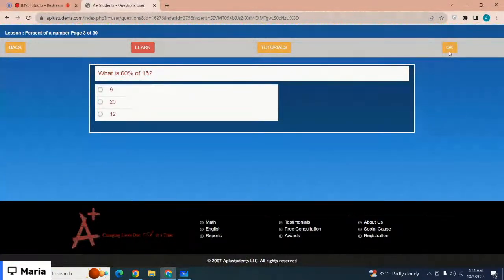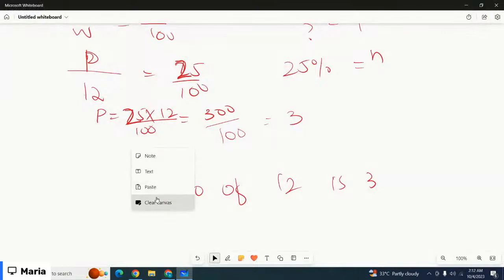Okay, the next one is, what is 60% of 15? You have to calculate 60% of 15, right? That means the whole is 15. You have to calculate the part of 15. How much part? 60% part, right?